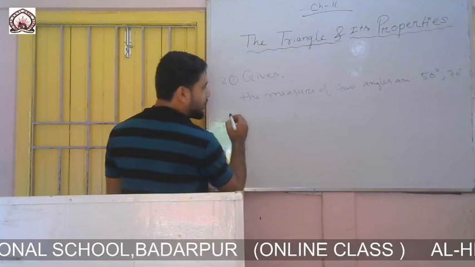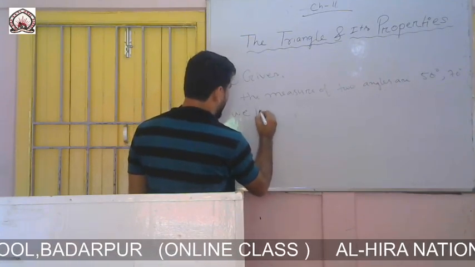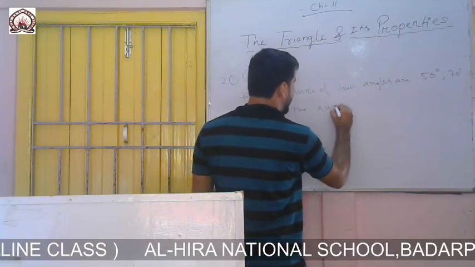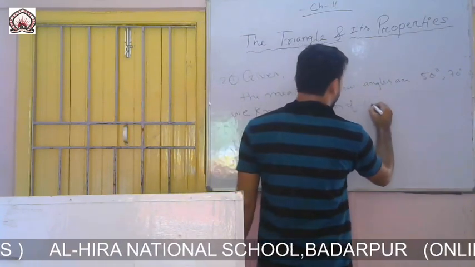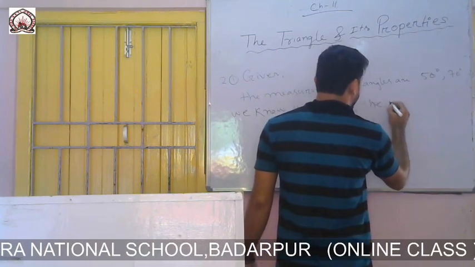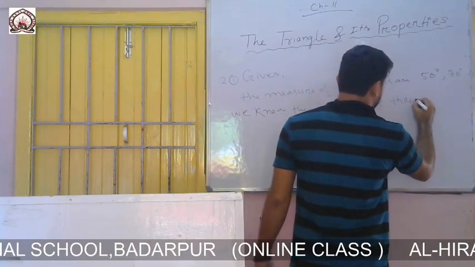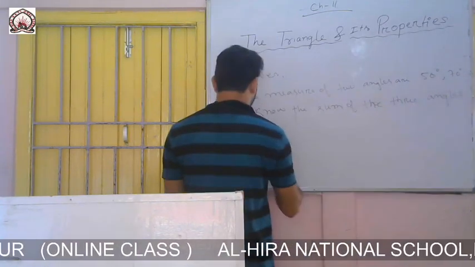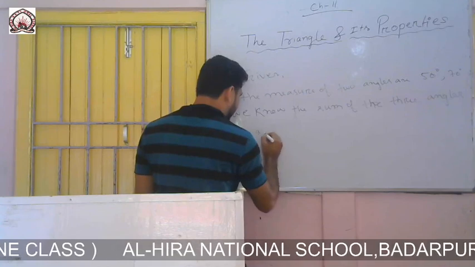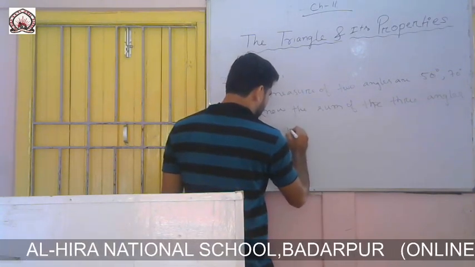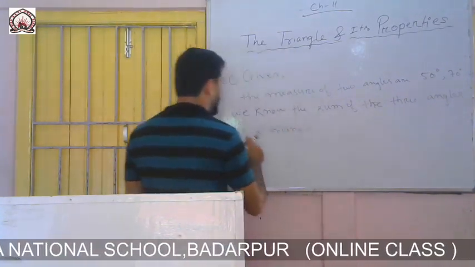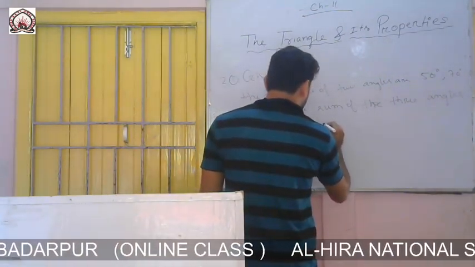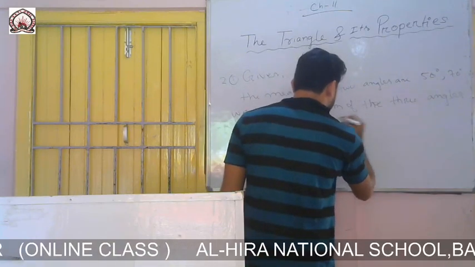So we'll write, we know that the sum of the three angles of a triangle is 180 degree.